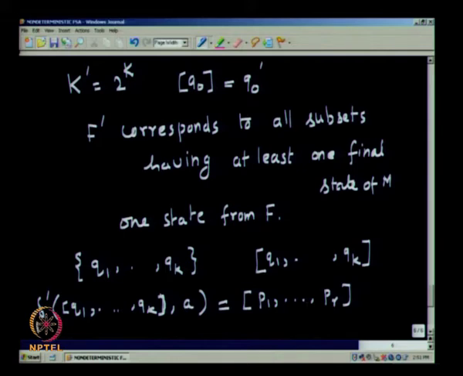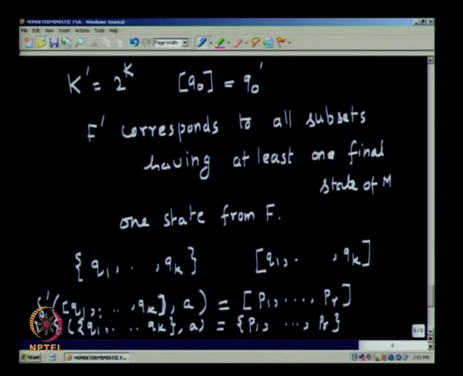If delta of {Q1, Q2, Qk}, A is equal to {P1, P2, PR}, note the difference: this is flower brackets, this is square brackets.